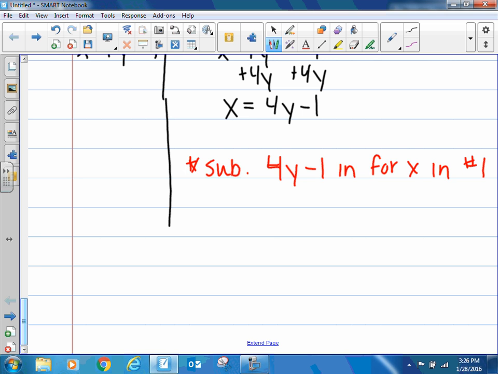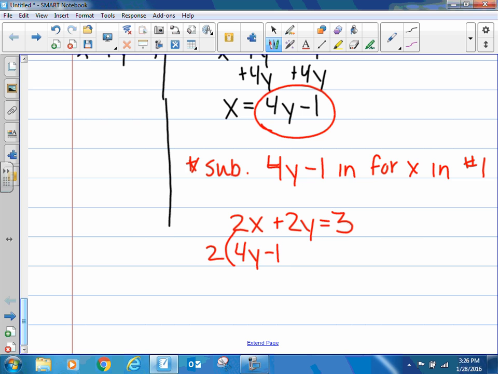Okay, so in equation 1, I just found out that x is equal to this. I used 2 to solve for x, so now I'm going to use equation 1. And where I see x, I'm going to plug in what I found for x. So 2 times 4y minus 1 plus 2y equals 3.